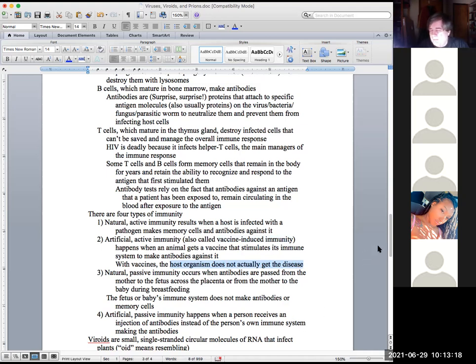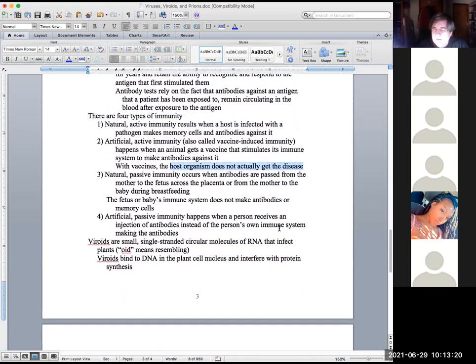Now, if people have a very weak immune system, their immune system might not learn to recognize the virus when they get a vaccine. So the vaccine might not really work for them very well. Now notice this is artificial because vaccinations aren't something that we see in nature.